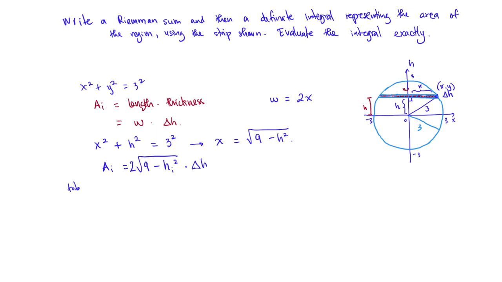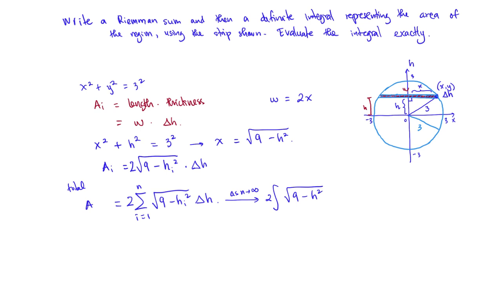The total area is therefore the sum of A i, but each A i is 2 times the square root of 9 minus h i squared times delta h, and we recognize that this is the Riemann sum. If we take the limit as n goes to infinity or delta h goes to 0, this is the definite integral, 2 times the square root of 9 minus h squared dh.